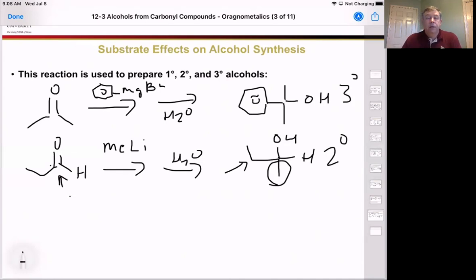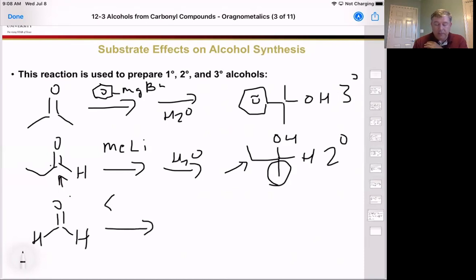Okay, so how can we generate a primary alcohol from this? Well, to do that, we have to have already had two hydrogens on the carbonyl. And fortunately, our simplest aldehyde, formaldehyde, already has two hydrogens on that carbonyl carbon.